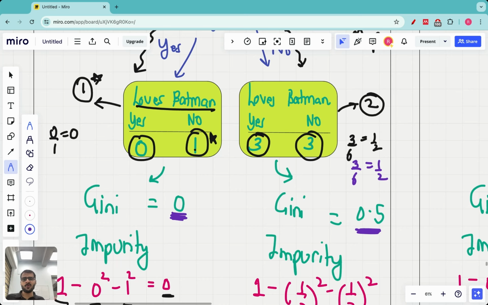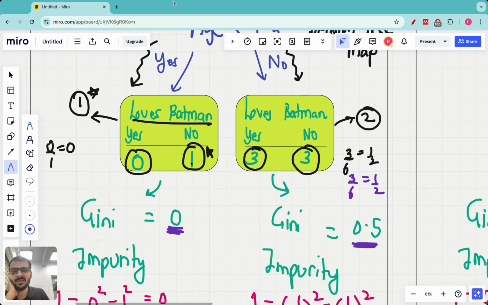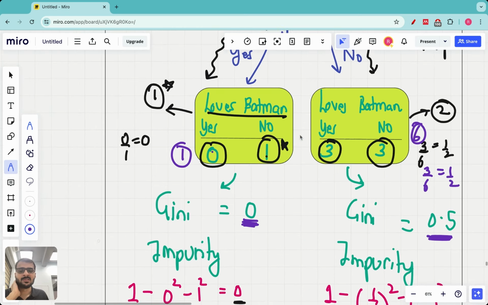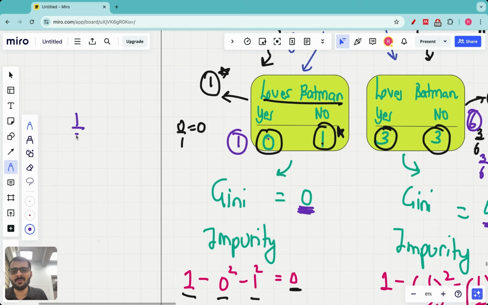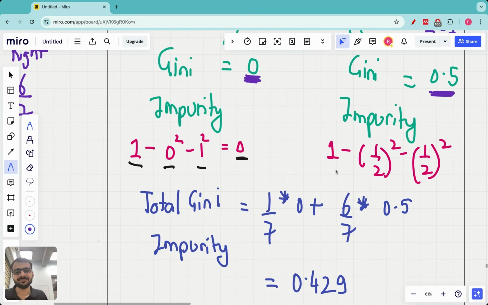And now we have to take a weighted sum of these, right? So let's look at the number of people who have answered. In the yes category, there is 0 plus 1, which is one person. In the no category, there is 3 plus 3, which is 6. So in total there are 7 people. So when I take the weighted average, I will multiply the left leaf Gini impurity by 1 by 7, and I will multiply the right leaf Gini impurity by 6 by 7, because the right leaf has 6 people.